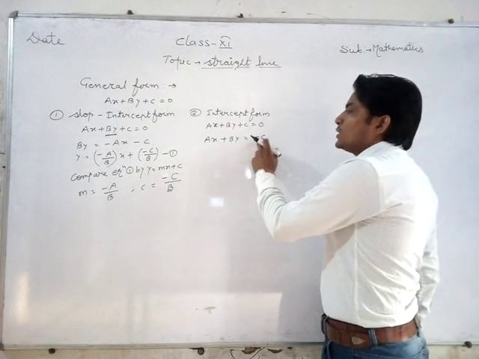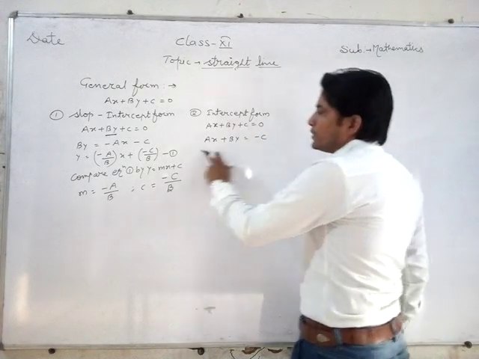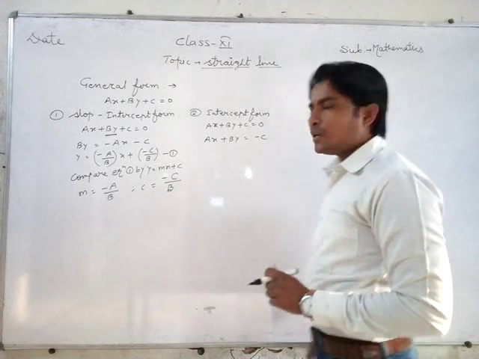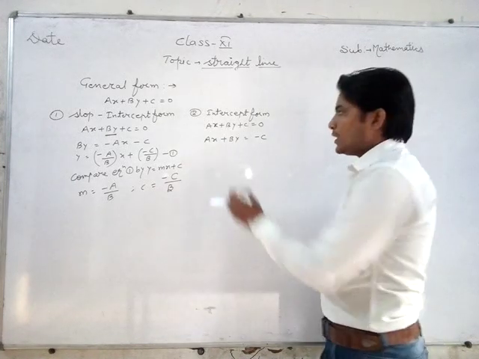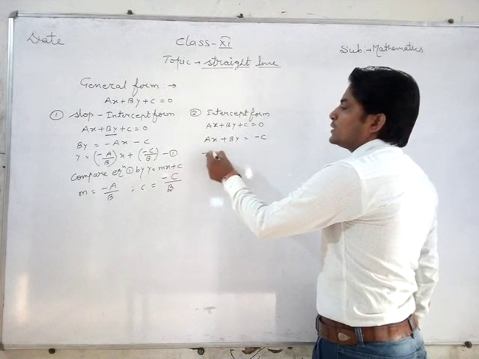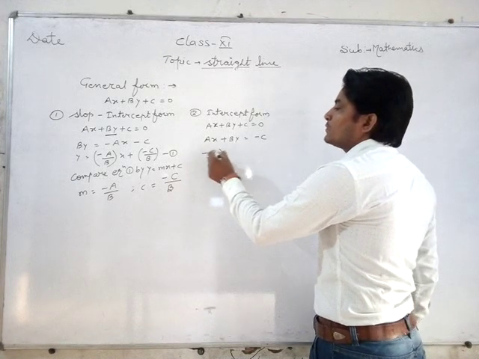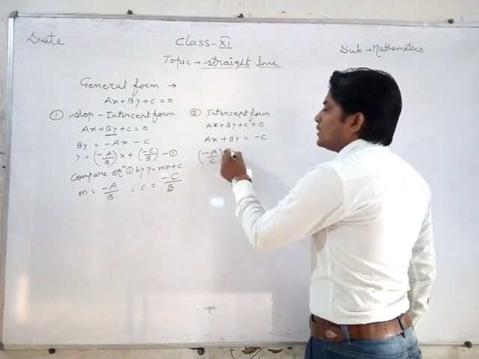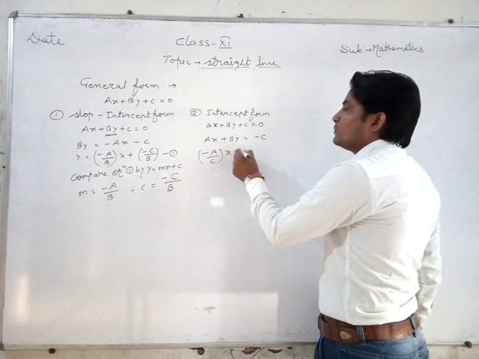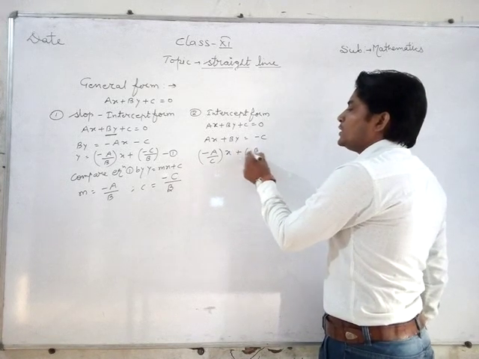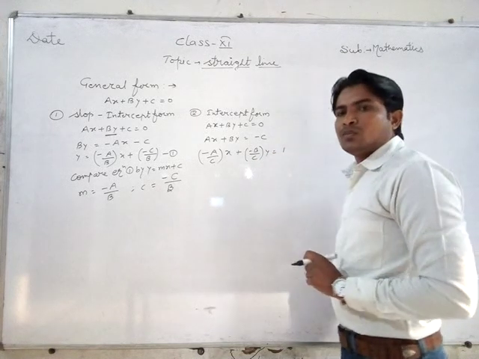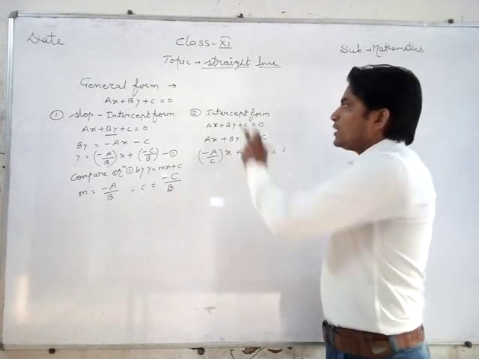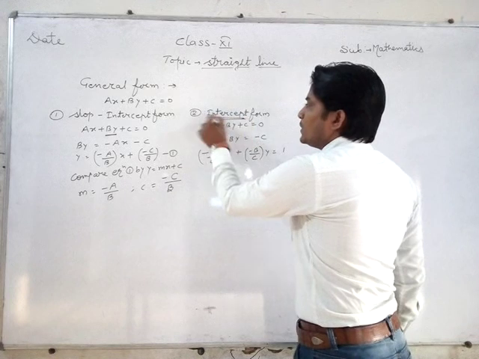Then we divide the whole equation by minus c, and we get minus a upon c into x plus minus b upon c into y equal to 1. This is how we convert into intercept form.